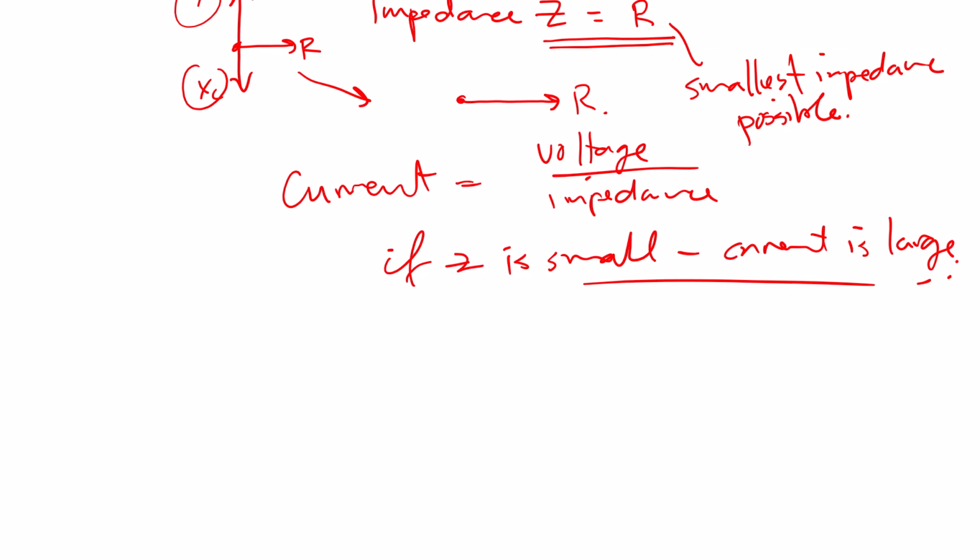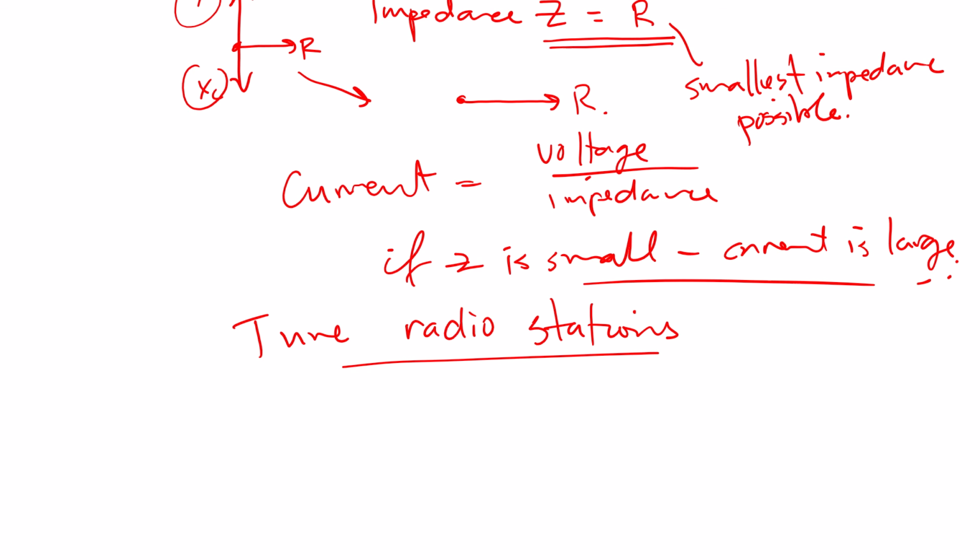And that is how we tune in our radio stations. When we have resonance at a certain frequency, we get maximum current, which tunes us into that particular channel.